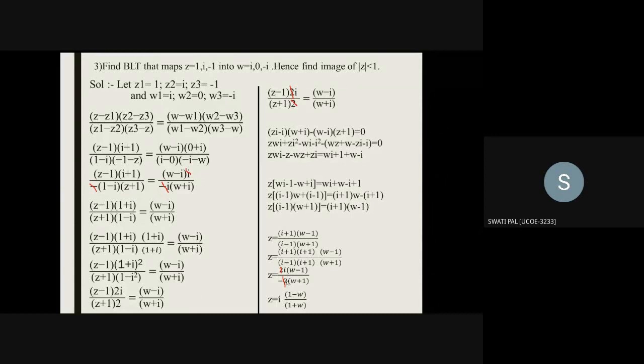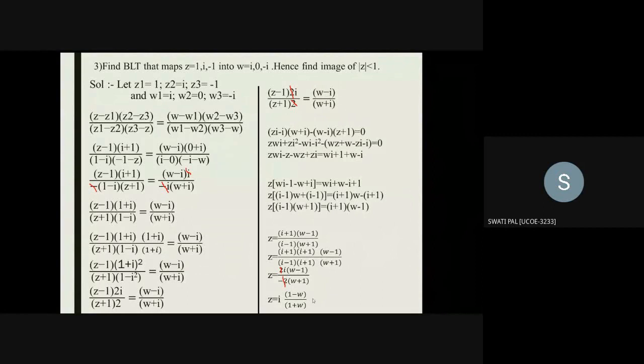So putting these values in the above equation, we get z equals 2i(w - 1) upon -2(w + 1). Here, 2 and 2 get cancelled. Multiplying this negative sign with (w - 1), we get the final value of z as z equals i(1 - w) upon (1 + w).